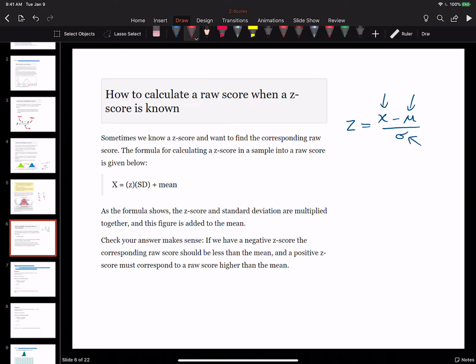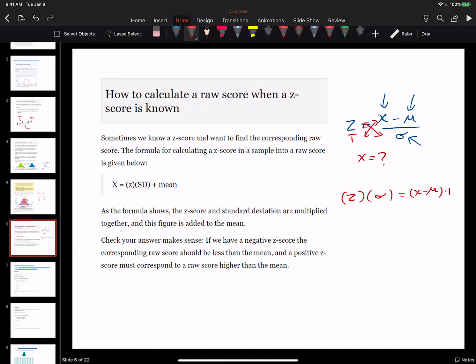If you want to solve for x, what you do is you put this over 1 and you cross multiply, and this is what we have: z times sigma equals x minus mu times 1.